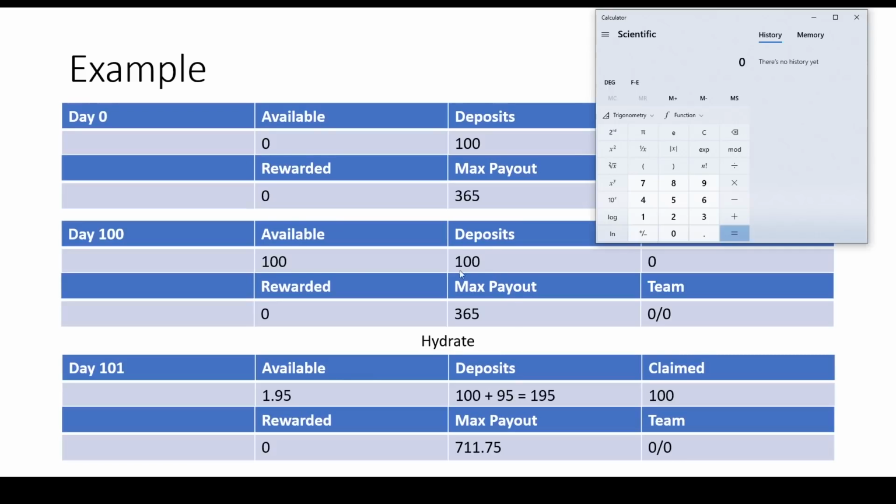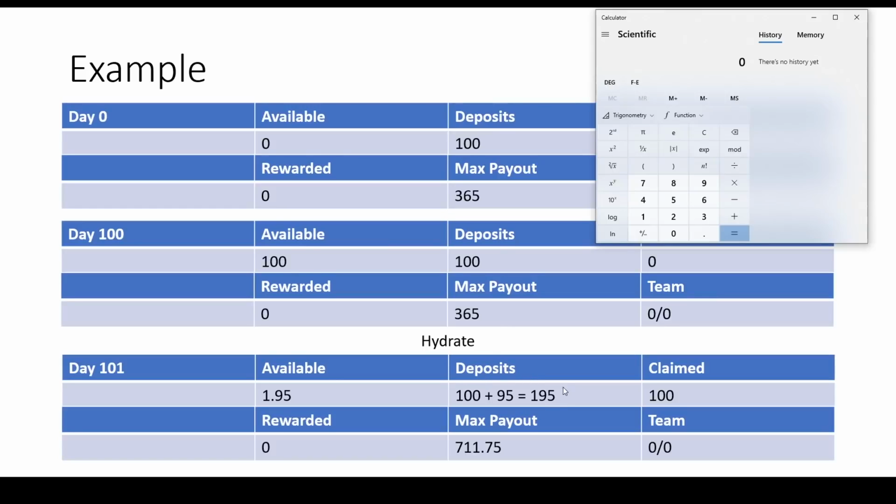So now my deposit is going to grow. It's going to be 100 plus the 95 that I just hydrated over, equaling 195 tokens in my deposits. Now, I want to point this out. This was easy math. When we had 100 tokens on deposit, how much did we get every day? Well, 1% of 100, that's easy. 1 token per day.